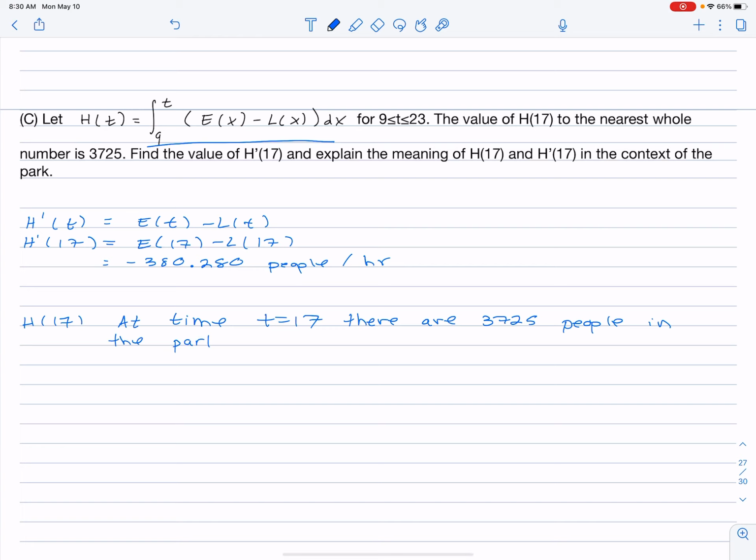Now, let's talk about the derivative. So h prime of 17. Now we're looking at the rate of change of this function. So if this was the number of people, now this is the rate of change. So in this case, what does it tell us? And be specific. Don't just say rate of change. So what I'm going to say is that at time t equals 17, we're going to have to analyze this number.